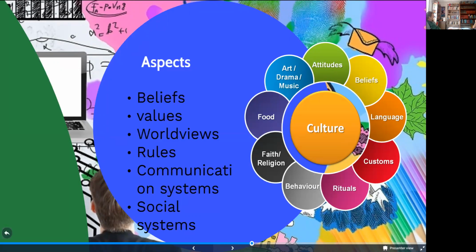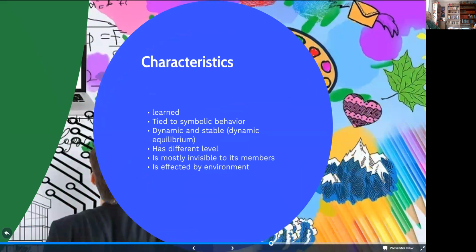It doesn't make them a culture, right? And all cultures have social systems. So these are some of the things. It's hard to define culture, but you know it when you see it. And one of the ways you know it when you see it is it has all of these aspects. It also has all these characteristics.